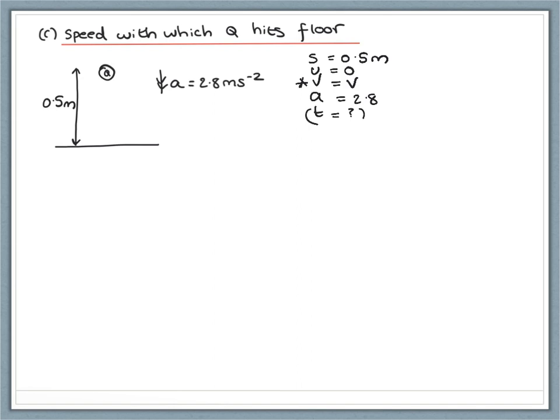So this looks like a clear setup for v squared equals u squared plus 2as. Let's fill in the information that we have. We're choosing down as positive because all of the movement is downwards.